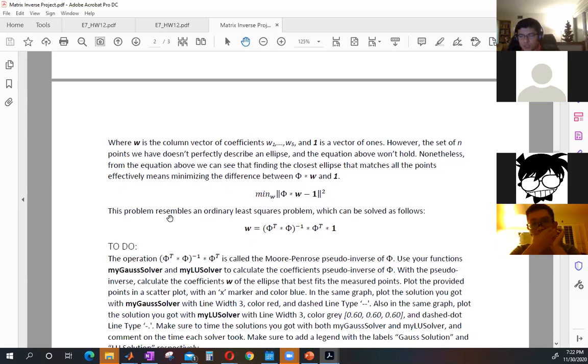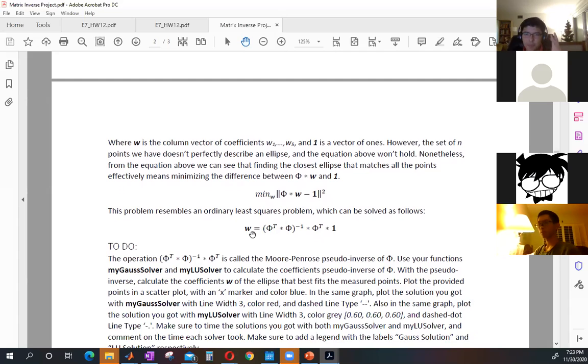The solution here is that we want to find the W that describes the best ellipse. That means finding the weights W for the equation we saw before.